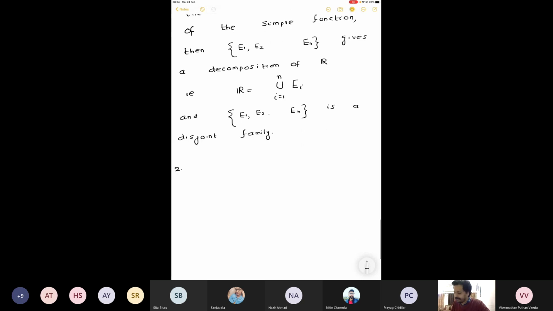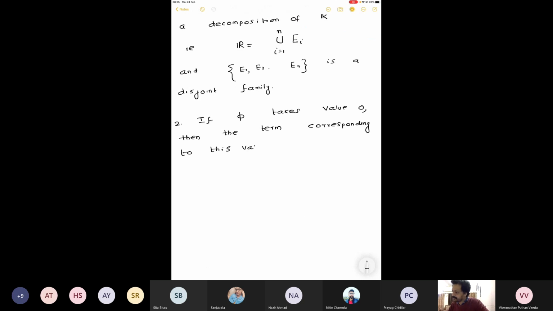If phi takes the value 0, then the term corresponding to this value need not be written in the canonical representation of phi.